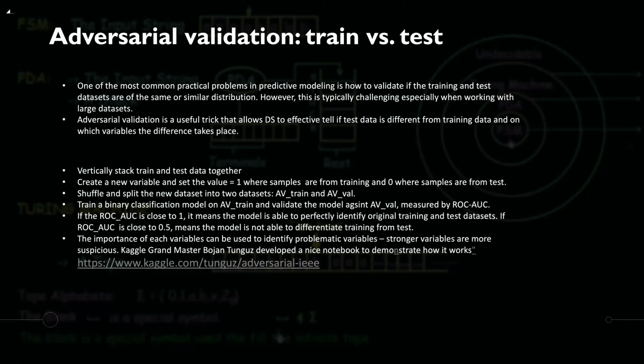But if that's not the case, we need to be careful about the validation, because if the test data has a quite different distribution than the training data, the validation done on the training data is probably less trustworthy. So this is how we use adversarial validation for Kaggle competitions.